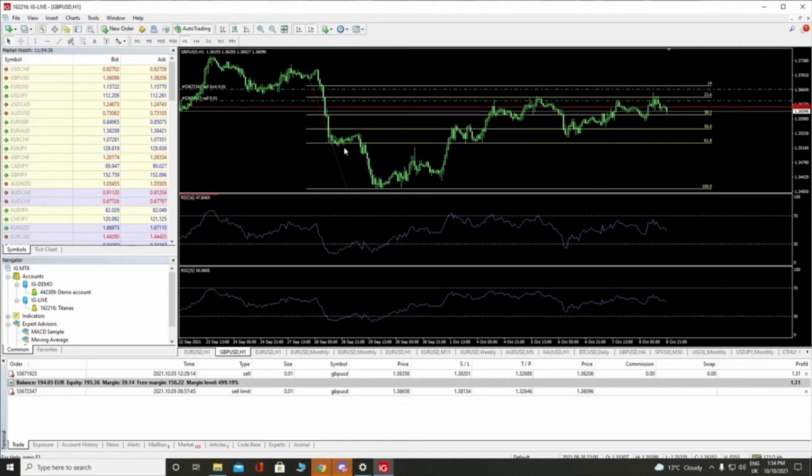So by using this method, the divergence, of course you understand that you can use it the opposite way. I mean, when the market is moving to the downside, we also have divergence there. So you can understand how powerful that can be, because it shows you that the market is running out of steam.